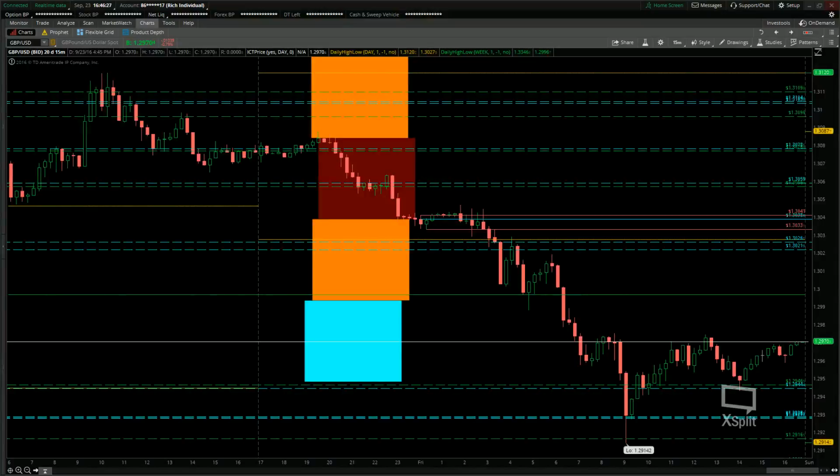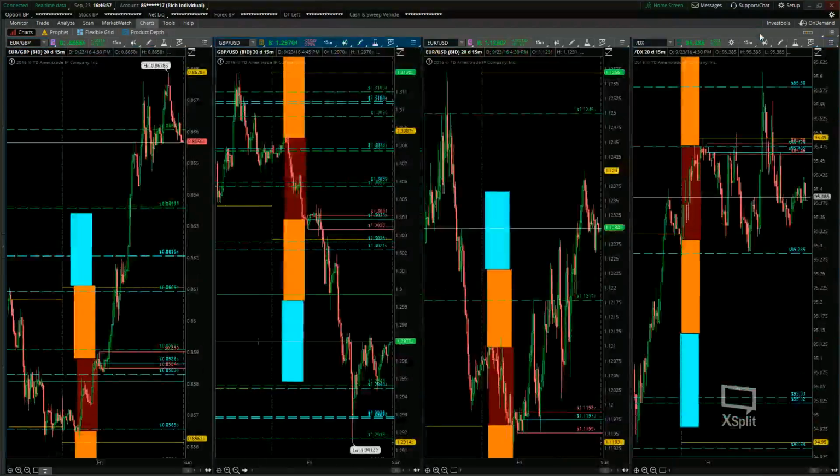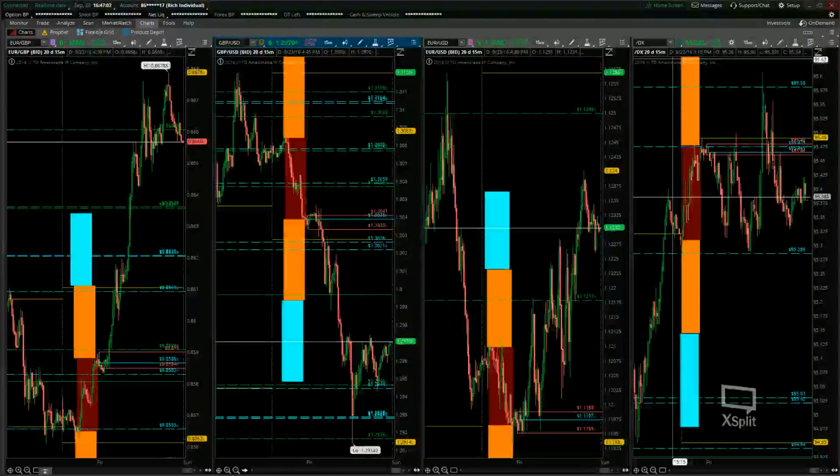So if we go out, this is a 15-minute. I look at the British pound, the euro, the dollar, and then I look at the euro British pound. If you want to see that, that's my radar screen on the 15-minute.